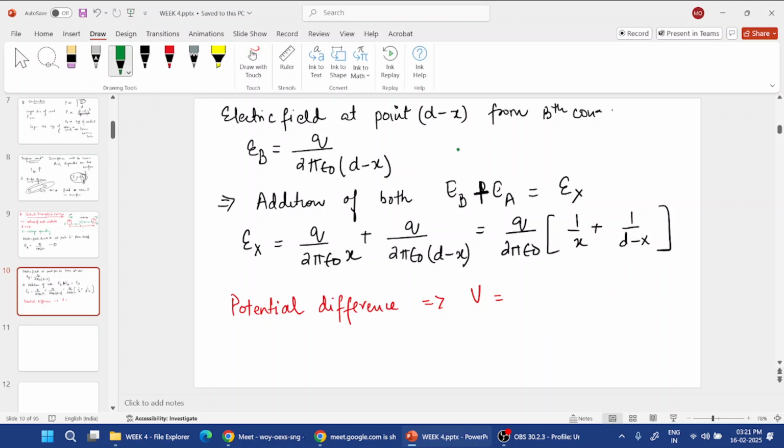Okay, it will be a generalized statement, minus ∫E dr from R1 to R2.